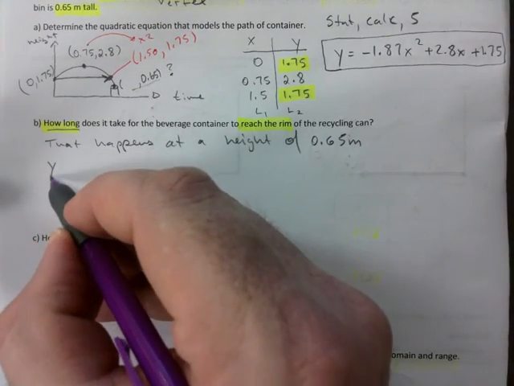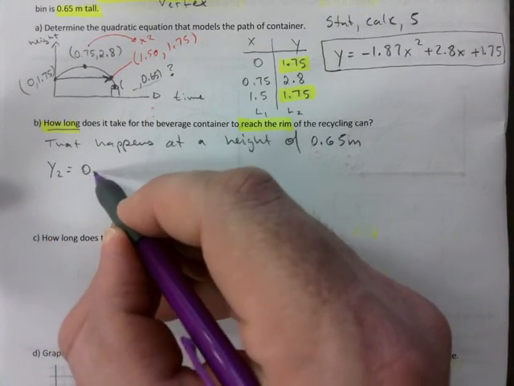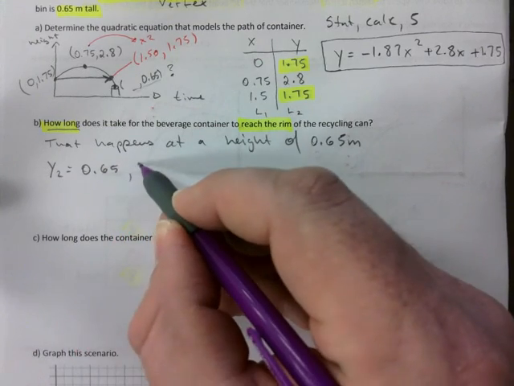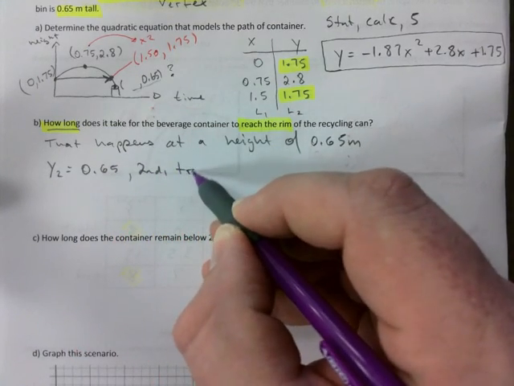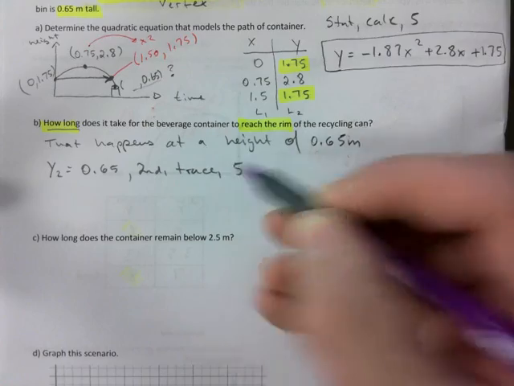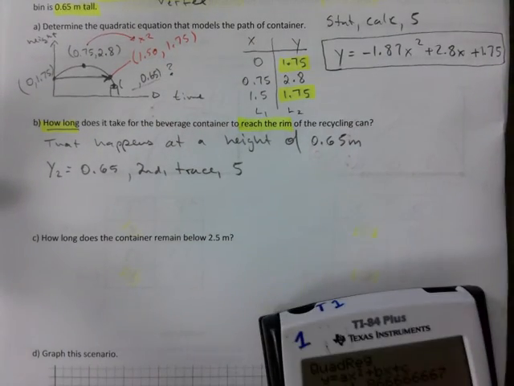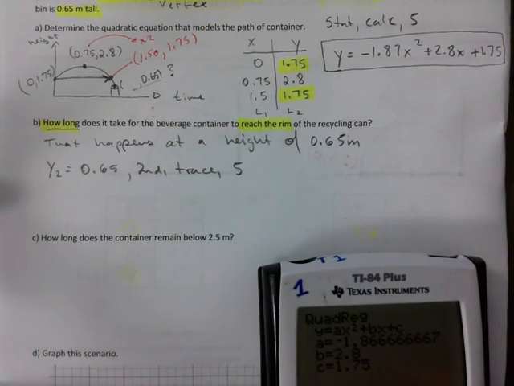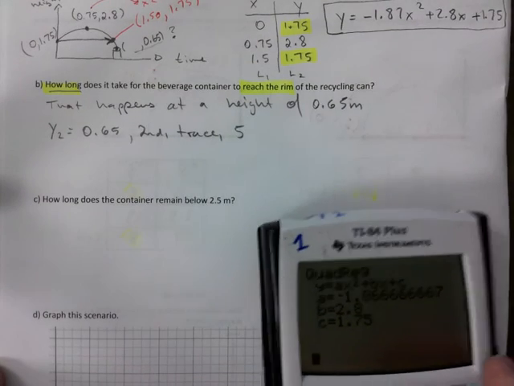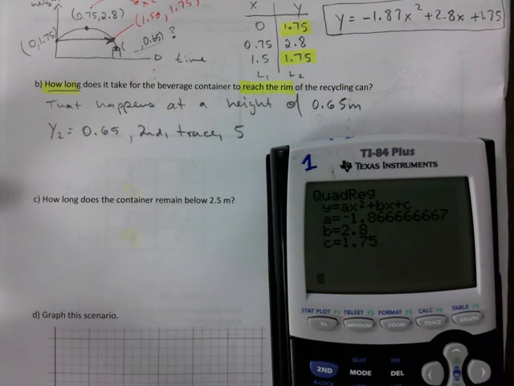So we know the y value, so we let y2 equal to 0.65, and then we're going to go second trace 5. This thing never hits the ground, right? Roger doesn't go and pick it up, I guess, and it doesn't do the right thing.